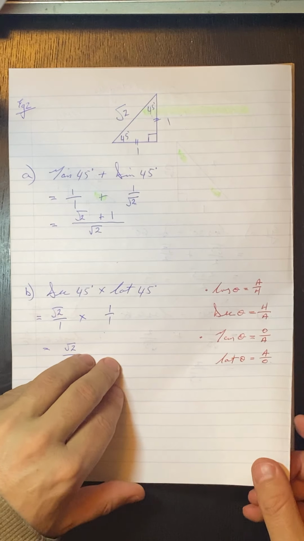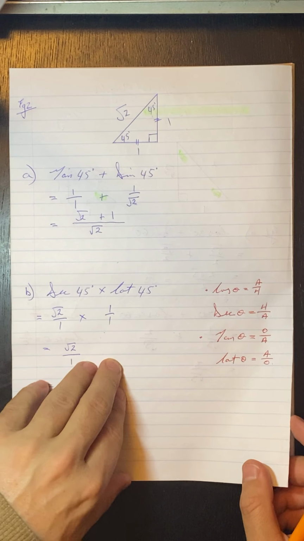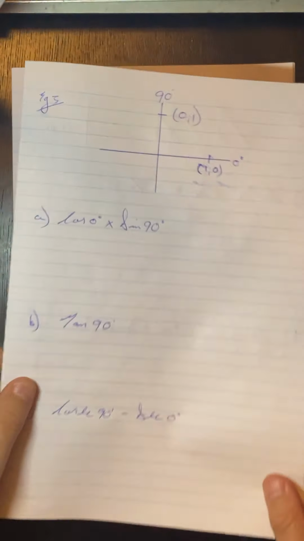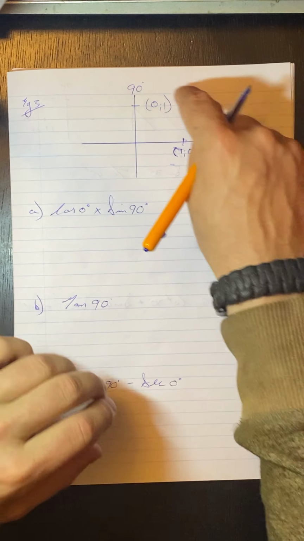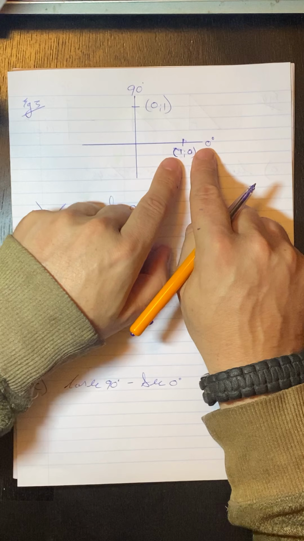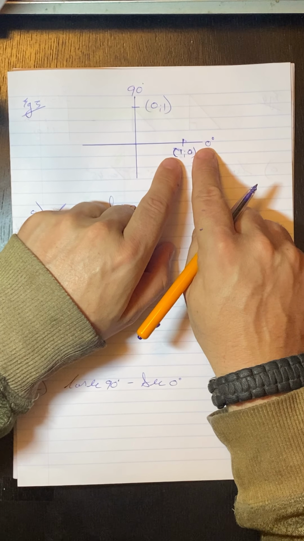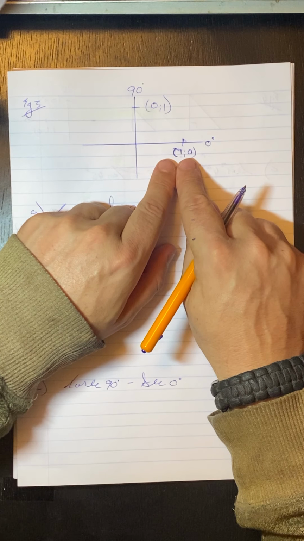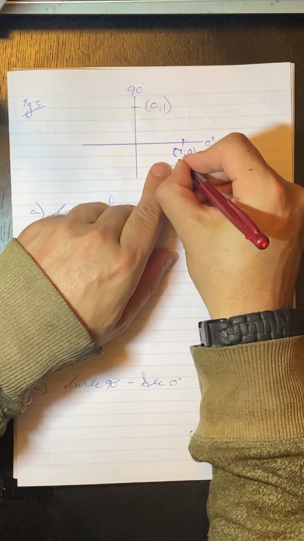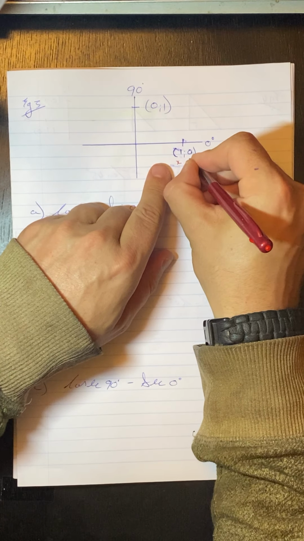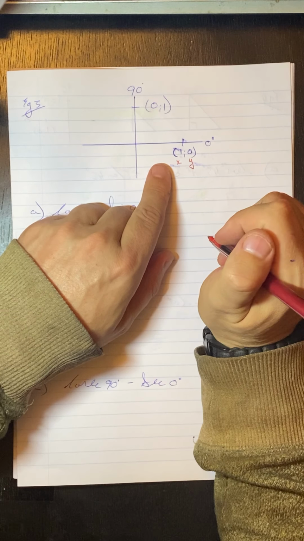Okay, now we're going to go on to our other special angles, which is 0 and 90. And what I want you to remember, grade 10s, is just this little thing over here. So if we have 0 degrees over here, we're going to have the coordinate 1, 0, where x is 1 and y is 0.